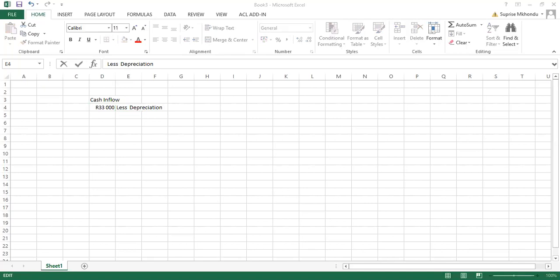How much was the depreciation? 15,000, yes. Then it was equal to 18,000 cash inflow. They said to ignore tax. So this was the cash inflow.